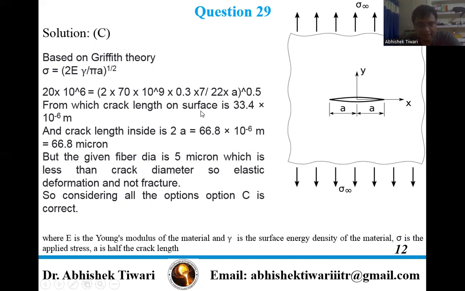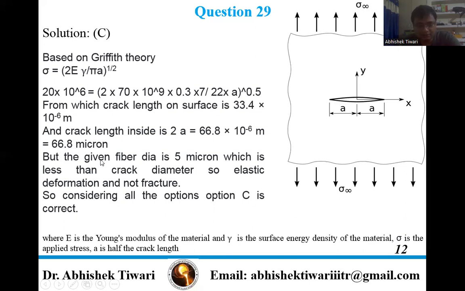From this we get the value of A that comes out to be 33.4. Sorry, this is half the crack length actually. So A comes out to be 33.4 into 10 to the power minus 6 meter. So the crack length, that is 2A, comes out to be 66.8 into 10 to the power minus 6 meter. So that is 66.8 micron.